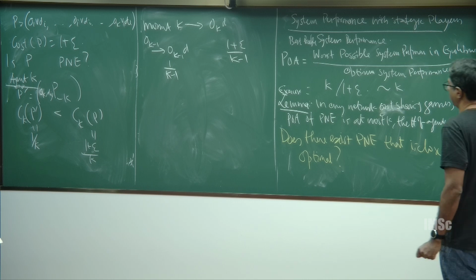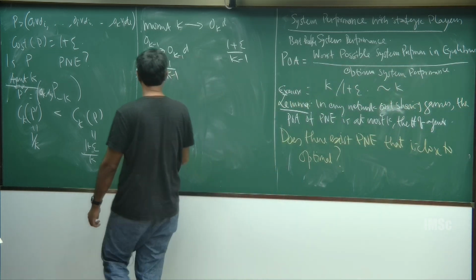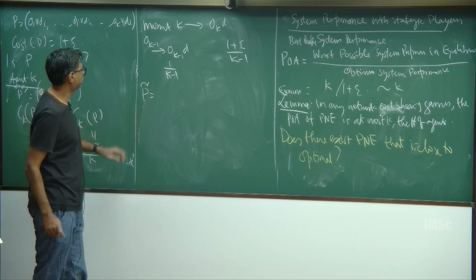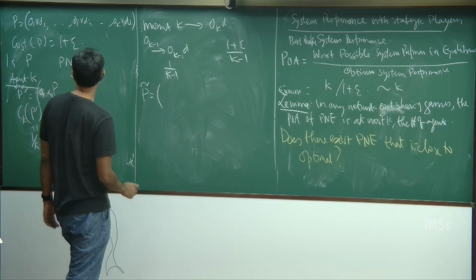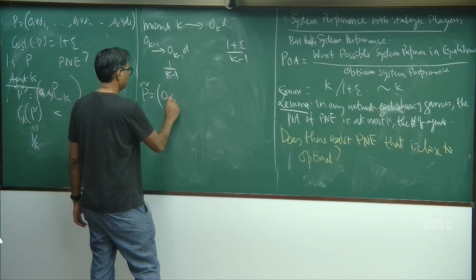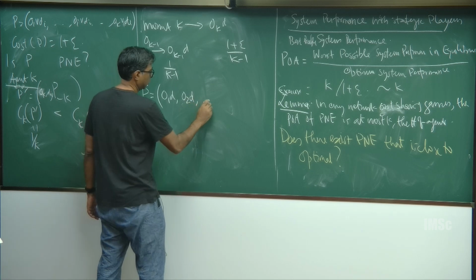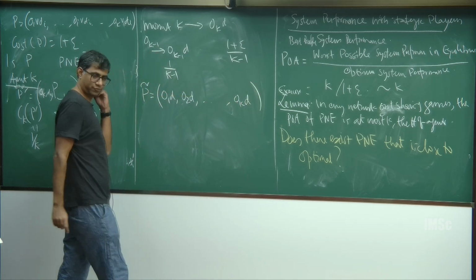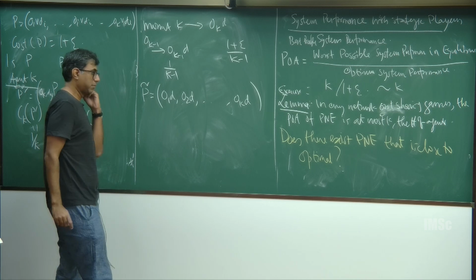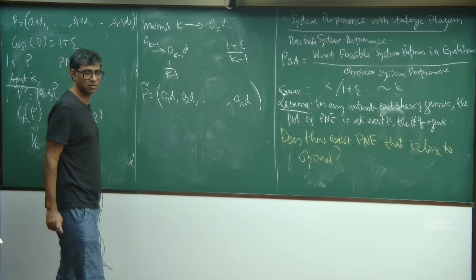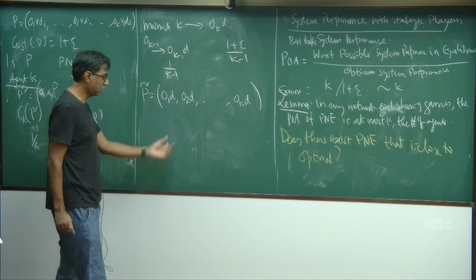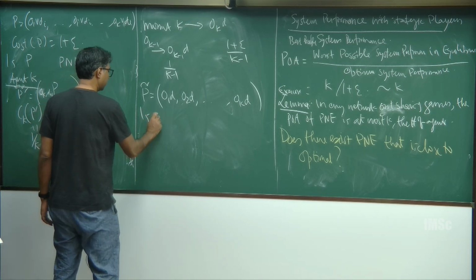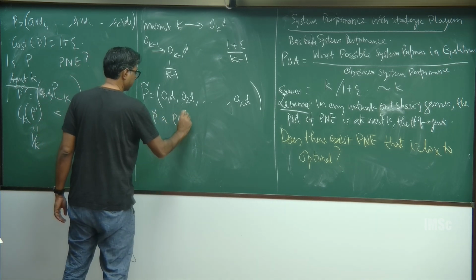So, now look at the following strategy. So, look at the following strategy P tilde, which is basically everybody chooses to go directly. Right. But then is it a Nash equilibrium? Is this P tilde a pure Nash equilibrium?